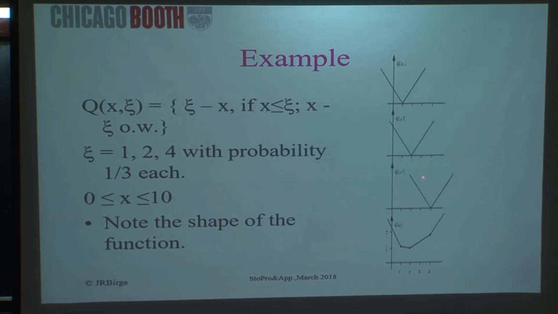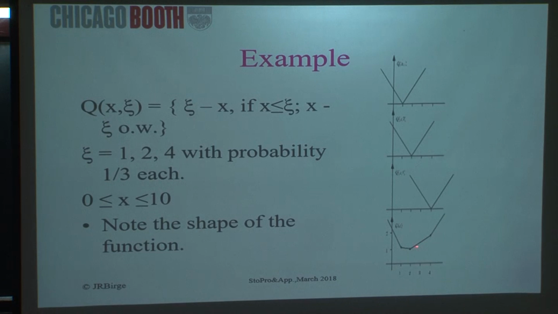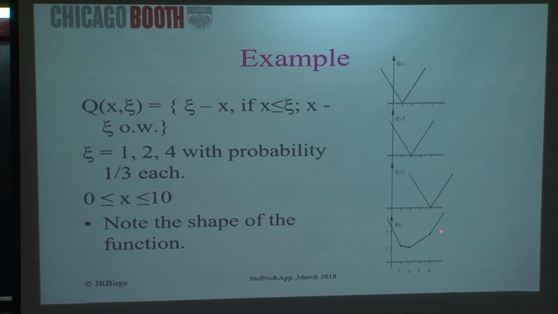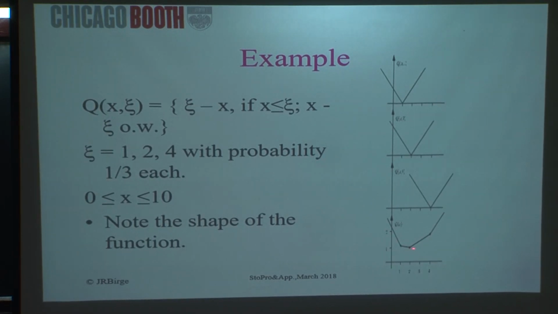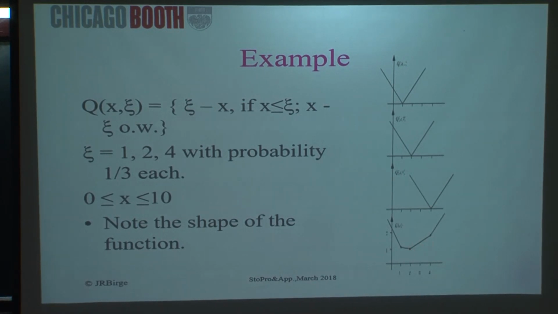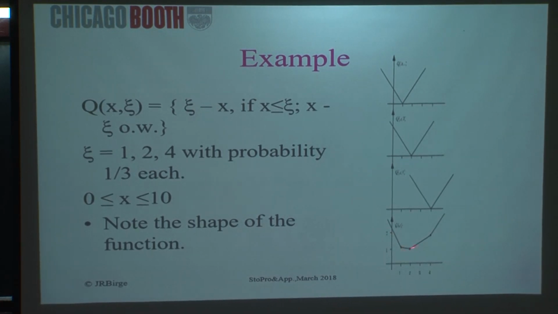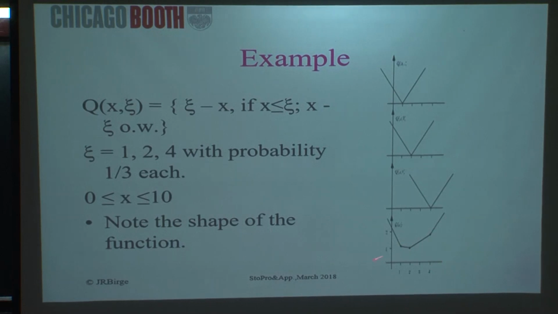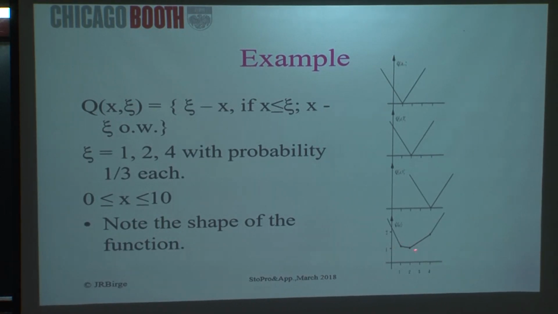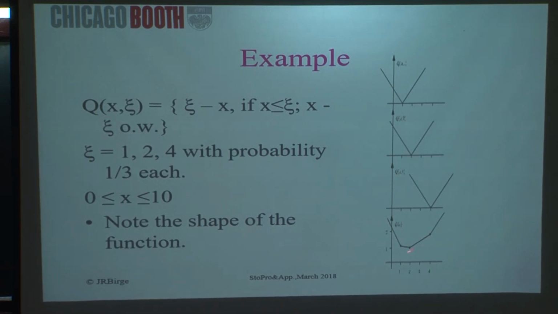If it's 4, it's this function over here. I average them together because they each have probability 1/3, and I get this piecewise linear function. This is the function I want to optimize. The goal is to find the minimum point down here, but without knowing the entire function, just generating it one piece at a time. The function is piecewise linear and convex.